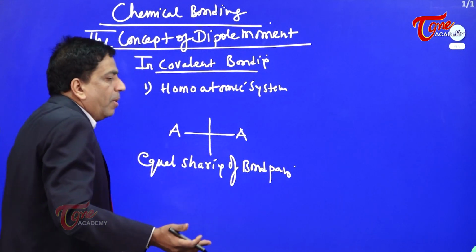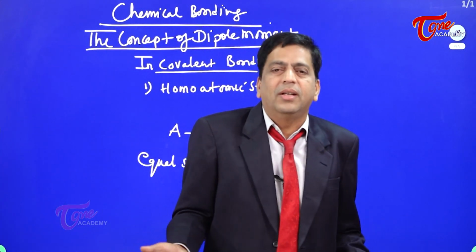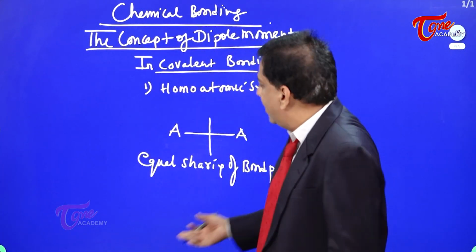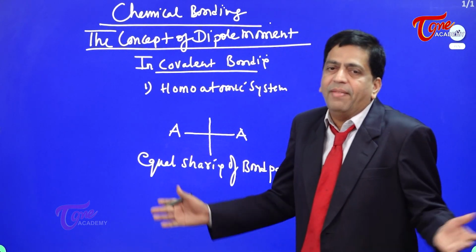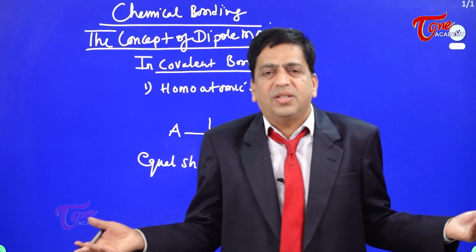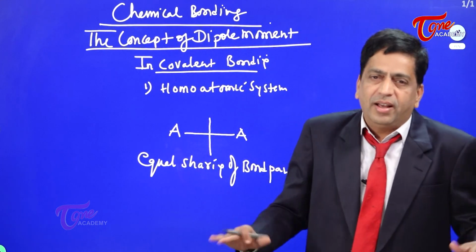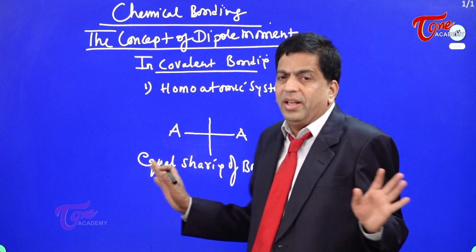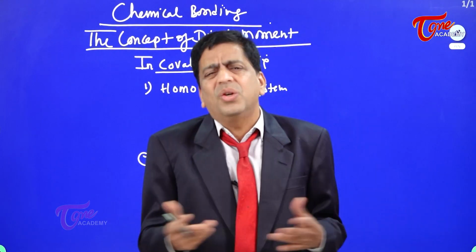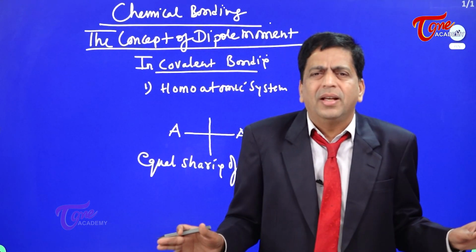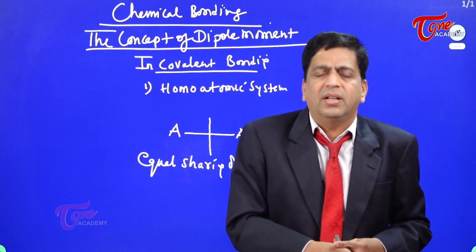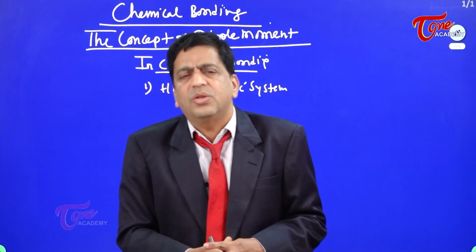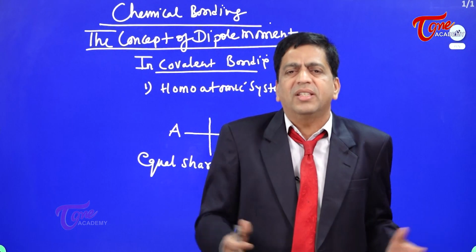So I have nothing to measure here. I can simply say, yes, these two have participated in bonding, the shared pair is exactly at the center, and both are sharing equally. There is absolutely nothing to measure. What is it that you're going to measure? A has given one, the other A has given one. We both put it at the center. We live happily and the covalent bond is established, right?